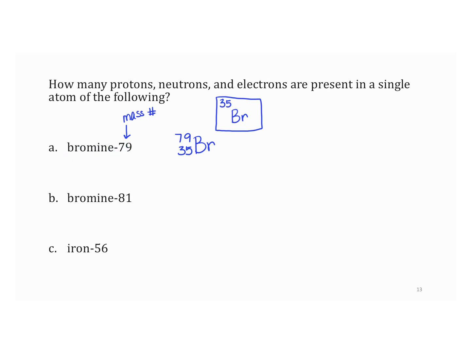But when it's written this way, you have to look at the periodic table to figure out the number of protons here. So this question says, how many protons, neutrons, and electrons are present in an atom of the following? So we have bromine 79. Well, that atomic number is going to tell us immediately what the protons are. The protons are 35.